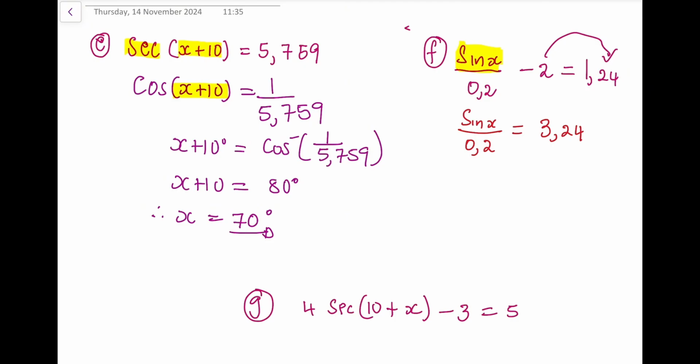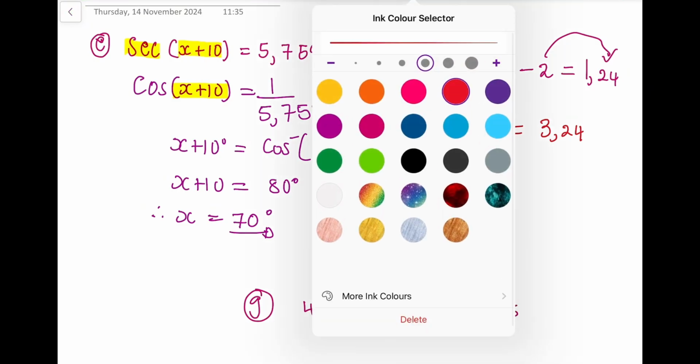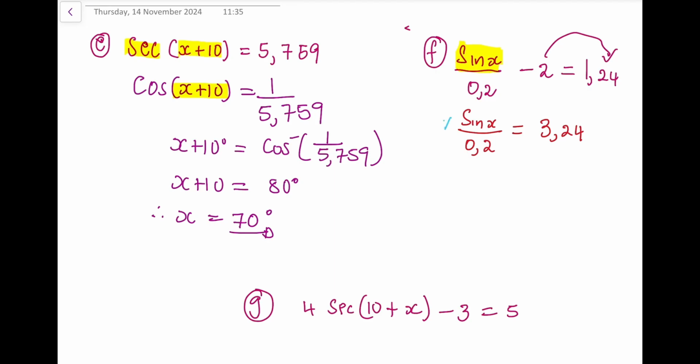And then multiply everything by 0,2, so that this and that can cancel out. I will remain with sine of an angle is equal to 3,24 multiplied by 0,2, which is the same as 0,648.